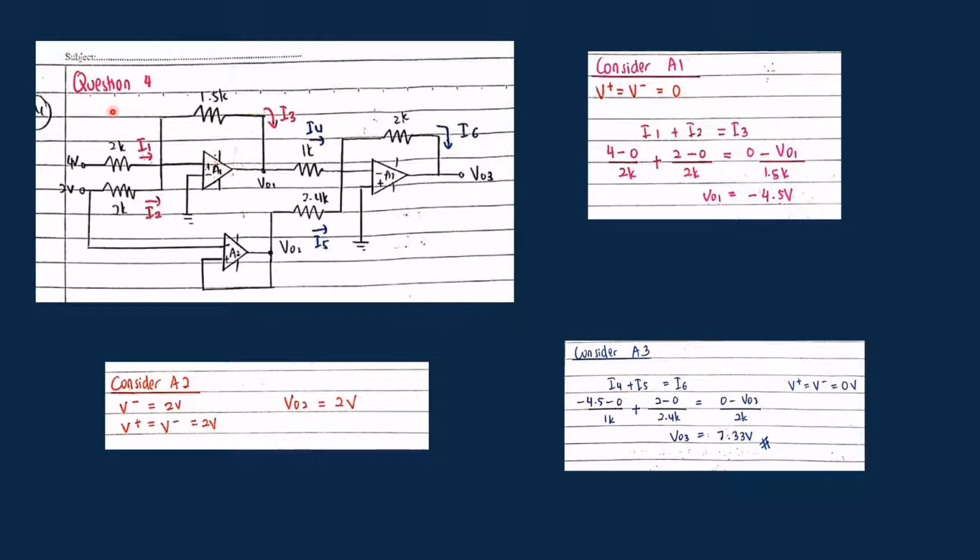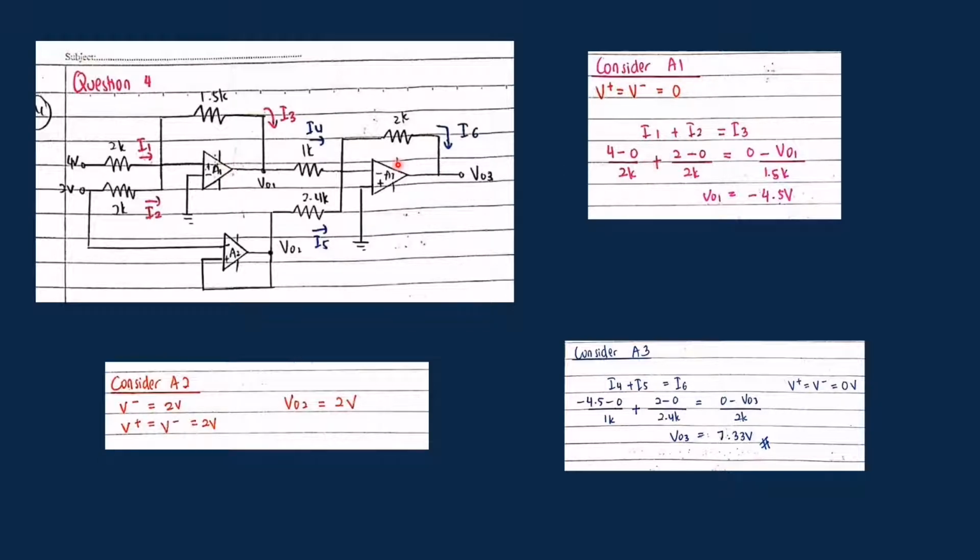Okay, this is the calculation for question 4. First of all, I consider A1, which is here, and find the voltage at A1, which is 0, because the V minus here is connected to the ground, which means the V minus equals 0, and also the V plus equals 0 volt.